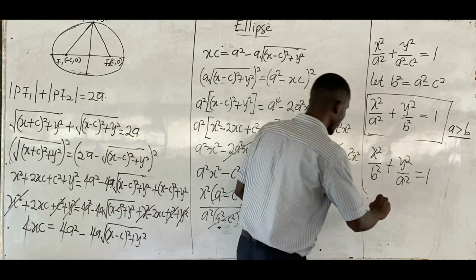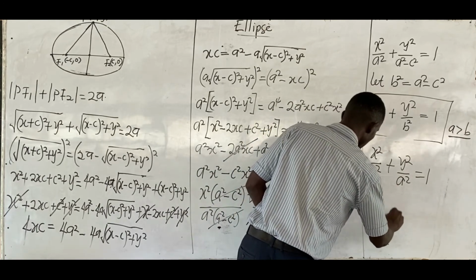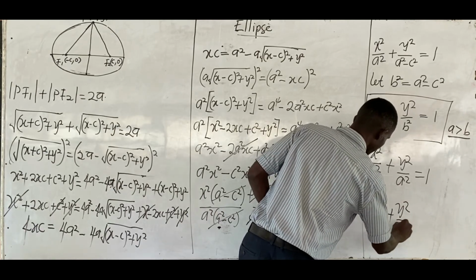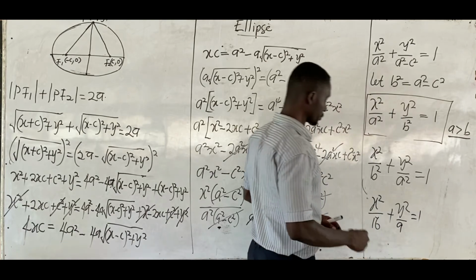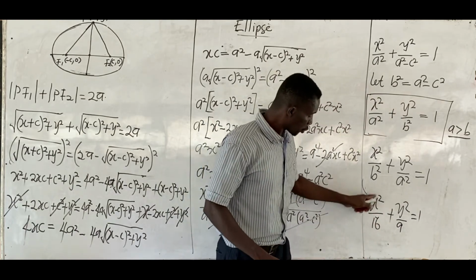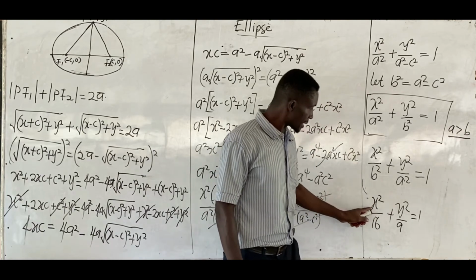For example, if you have x squared over 16 plus y squared over 9 is equal to 1, then the foci will be on the major axis, the x-axis.